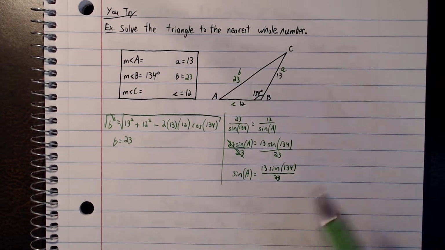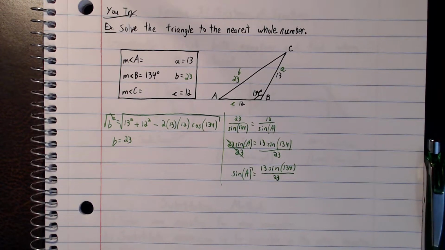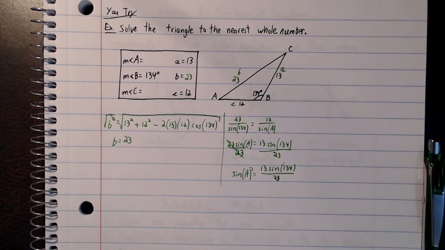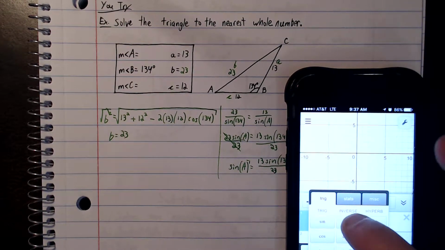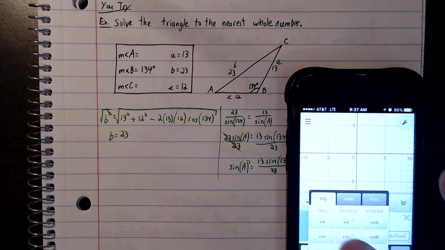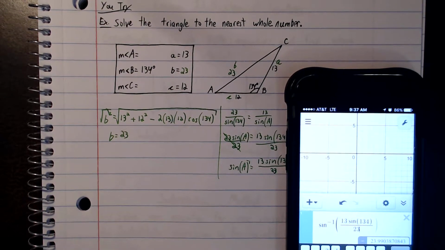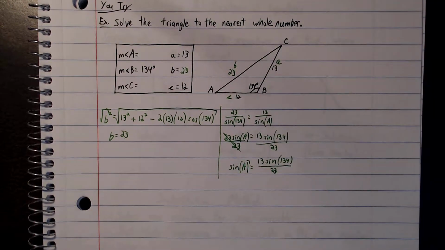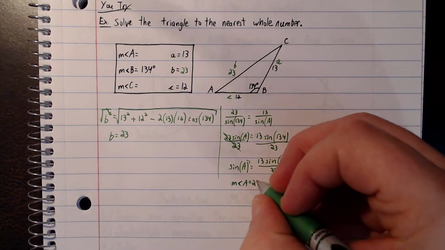So we need to type in sine inverse of all of this. So let's check. Sine inverse of 13 sine 134 divided by 23. 23.9, which will round up to 24. So we get angle A to equal 24 degrees.